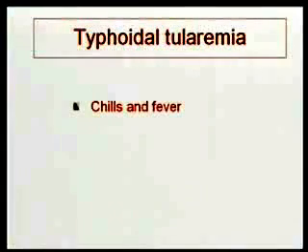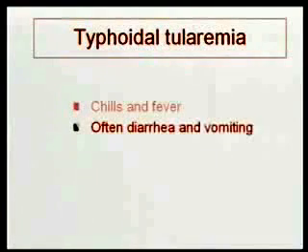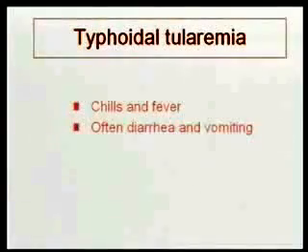Okay, then typhoidal. Typhoidal is via ingestion, and the symptoms will be gastroenteritis, of course, and if the organism is producing an ulcer, there will be ulcer as well in the GI tract. It is accompanied by chills and fever, often diarrhea and vomiting because it's in the GI system, and those are the typical symptoms of typhoid as well.